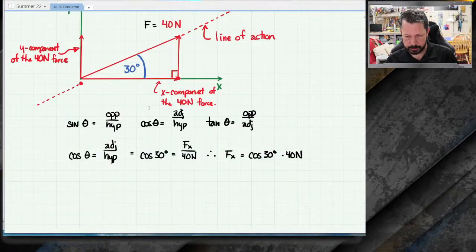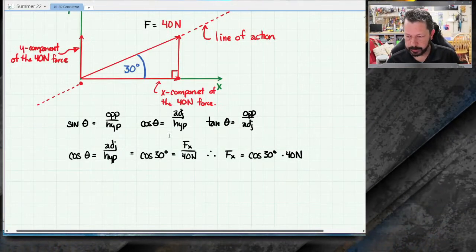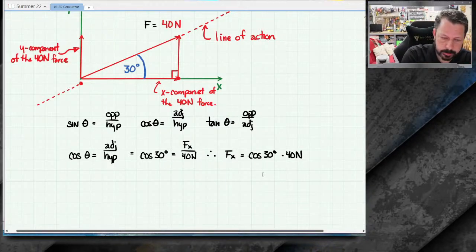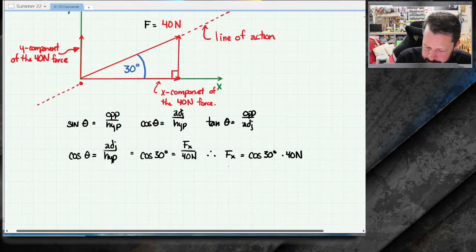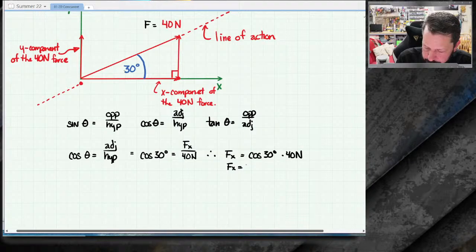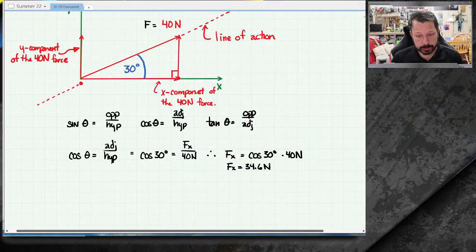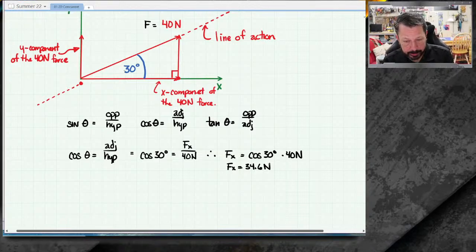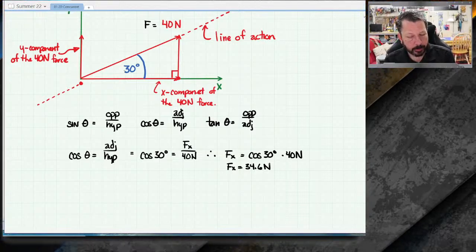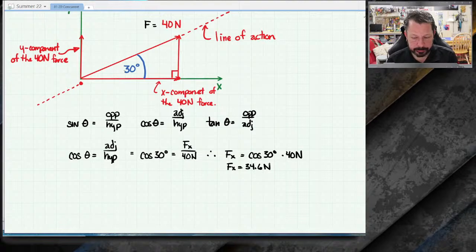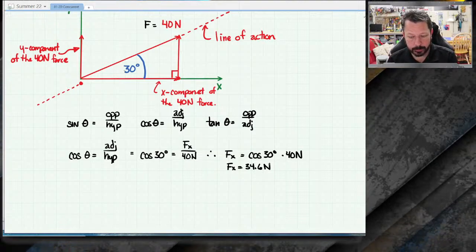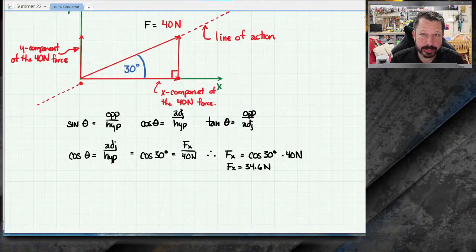Let me get back to our page over here. So if we were looking at this, Fx equals 34.6 newtons. Now, based on our picture, it looks like our y component is about half of that. So when we solve for our y component, we're expecting around 17 newtons or something.